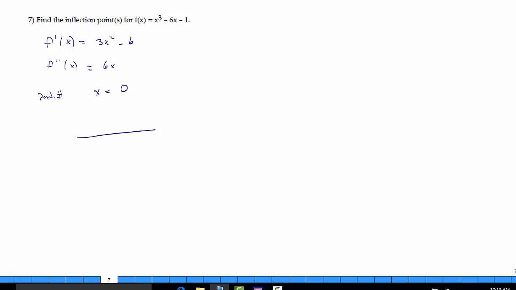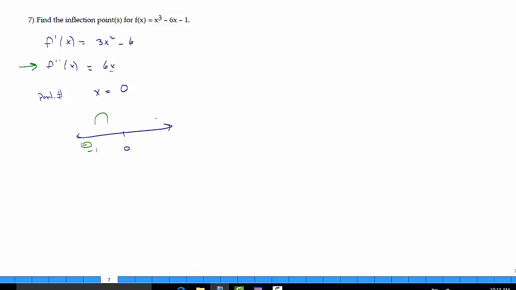So setting up my real number line, 0. Test point between negative infinity and 0, I'm going to just go with negative 1. And when I plug it in here into my second derivative, 6 times a negative 1 is negative. So it's going to be concave down.